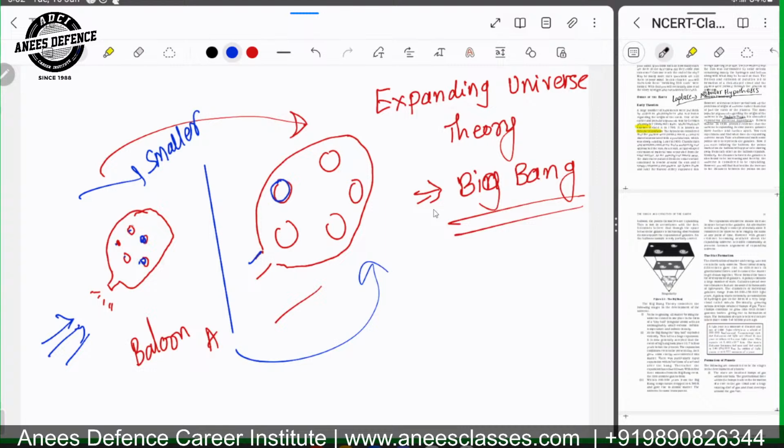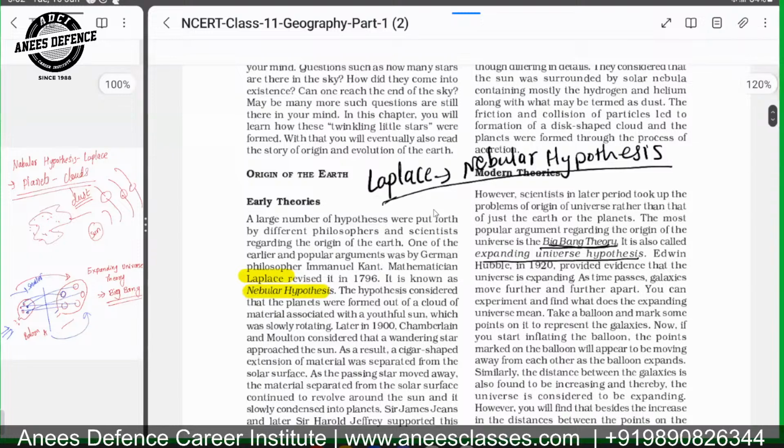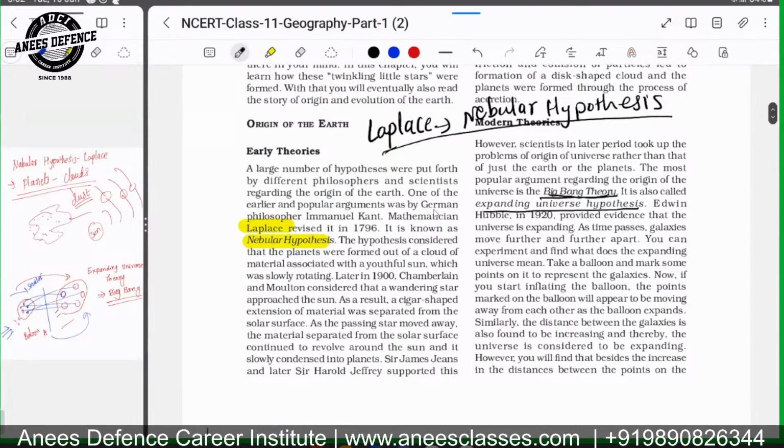You see the size of each individual dot has also increased. This is what the expanding universe theory is, that the universe is expanding.